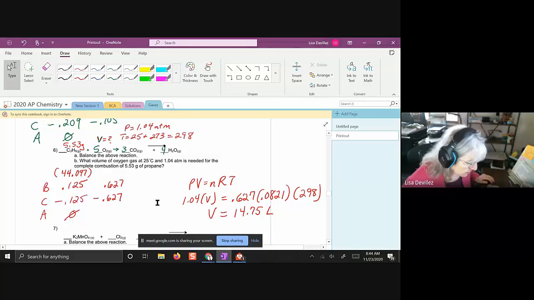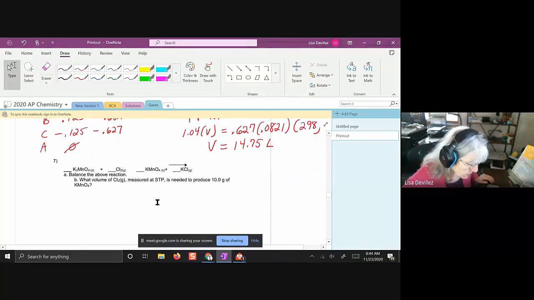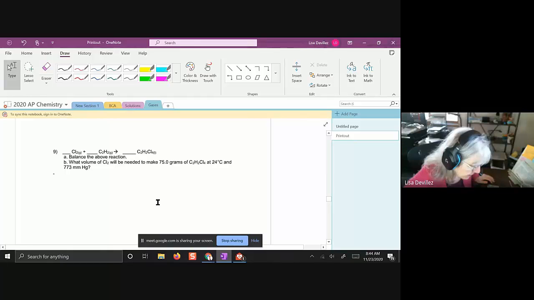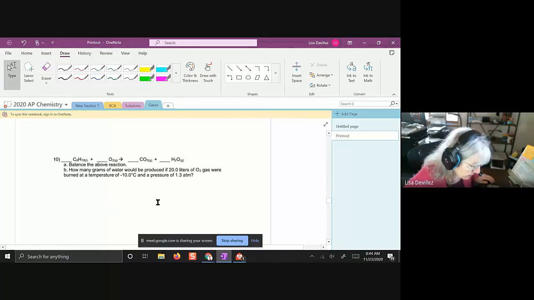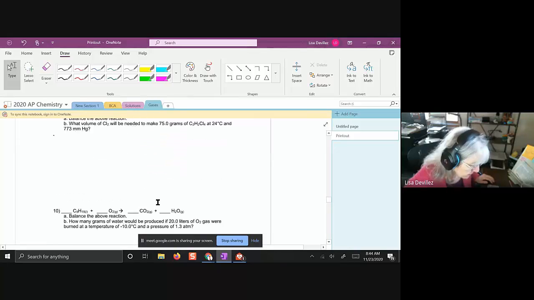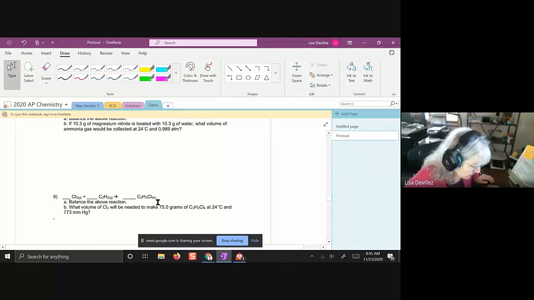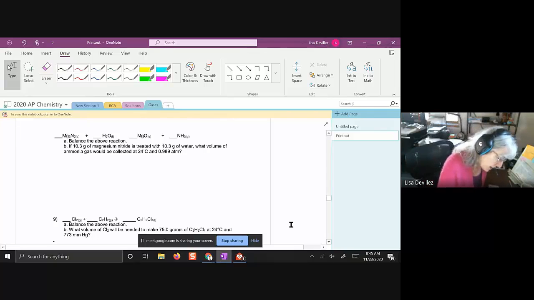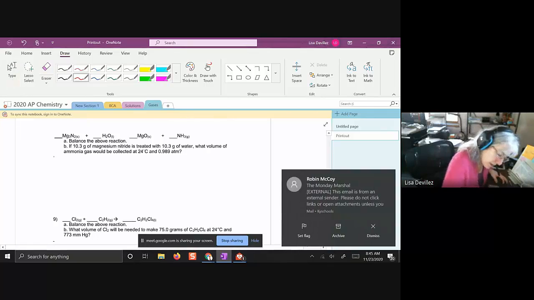Okay, so let's see if there's one where it has it on the... All right, here's a one that is a limiting reactant. That's what I was looking for. Okay, so I have magnesium. I need some molar masses on this.